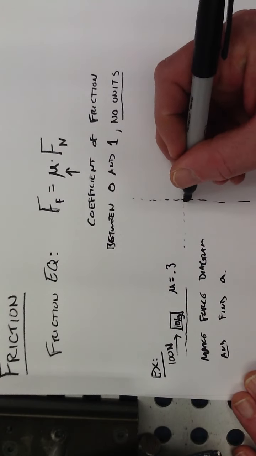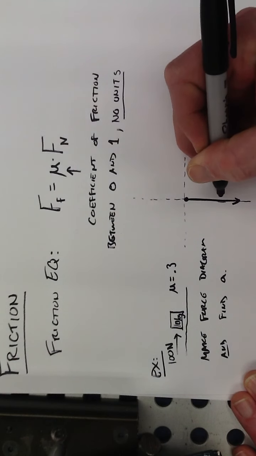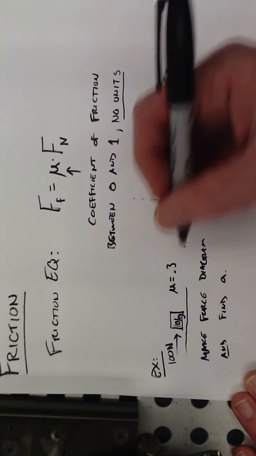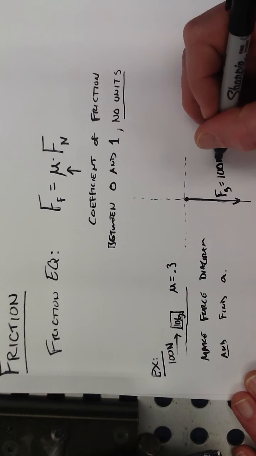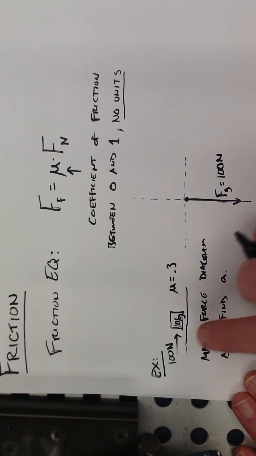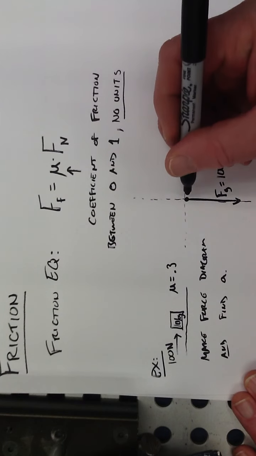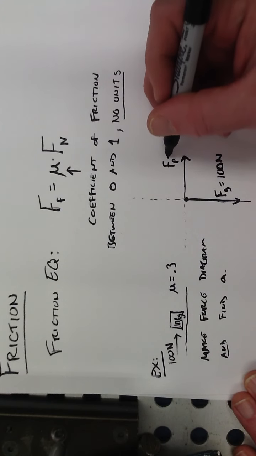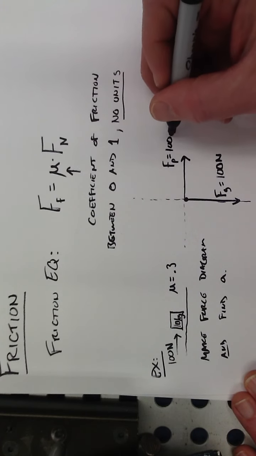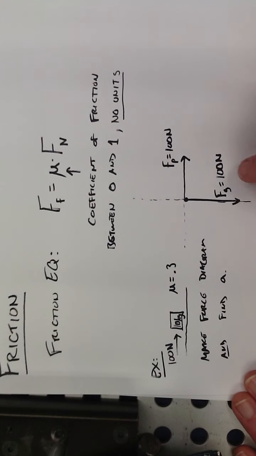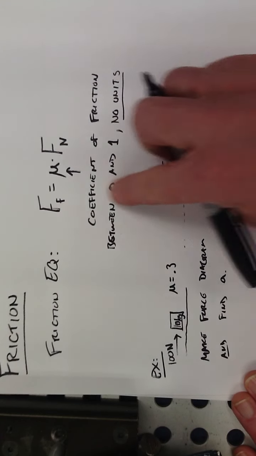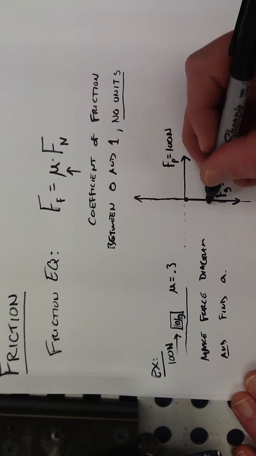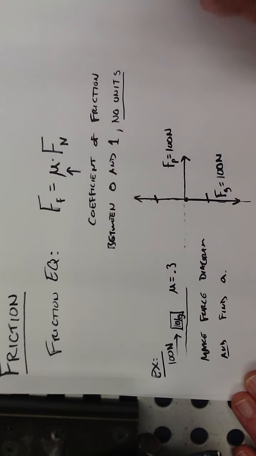Start out with my gravitational force. That's going to be 10 kilograms times 10 gives me 100 newtons. I also know that there's 100 newtons of push, and there must be, because there's no motion in the up-down direction, I know that this and this must be equal to each other.